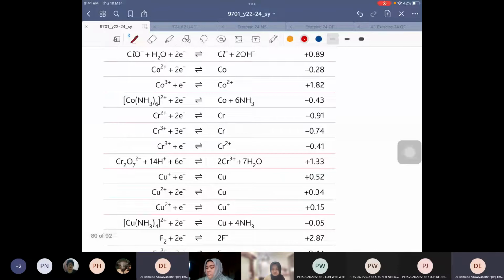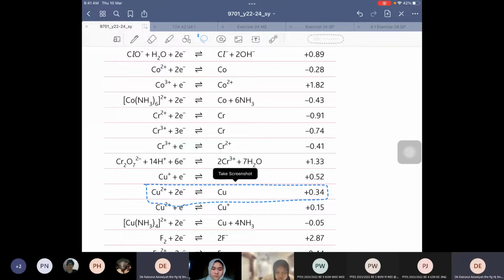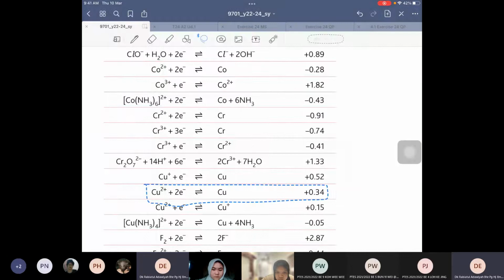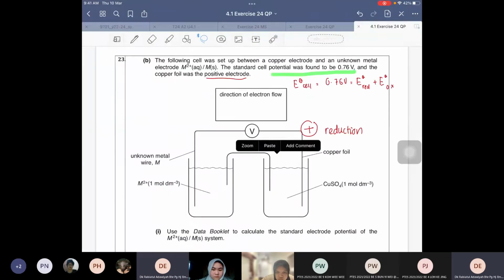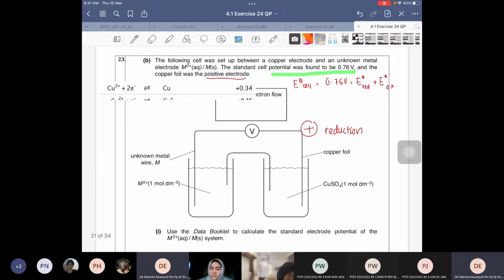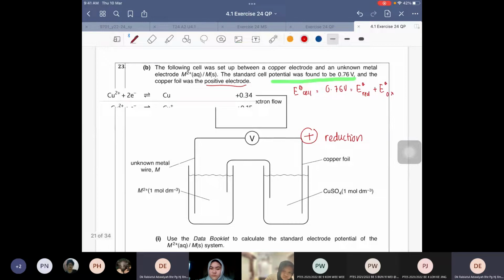which is, so you can see how much I utilize my data booklet, and you should do the same as well. Okay, always use the equation on the data booklet. Use the correct equation, of course. Don't just simply use blindly. Right, so since I know my copper is reduction, so I take the value as it is.